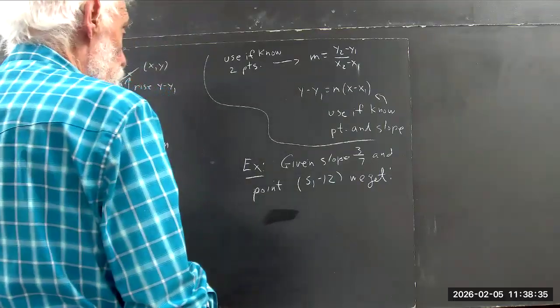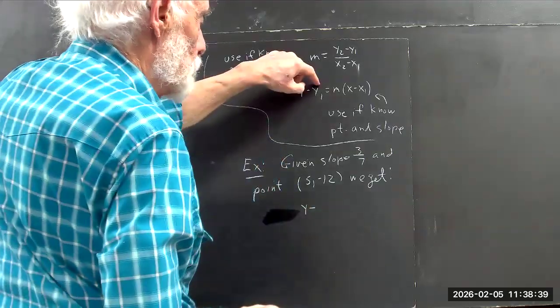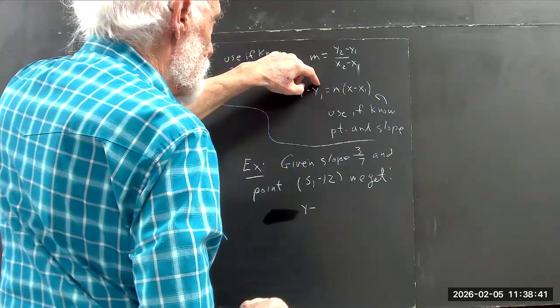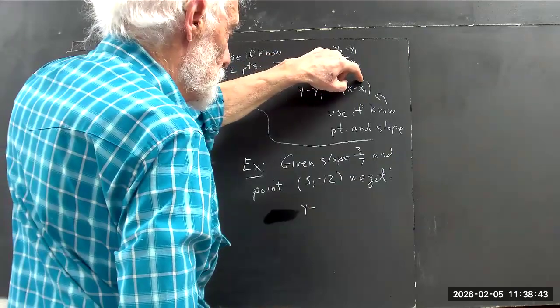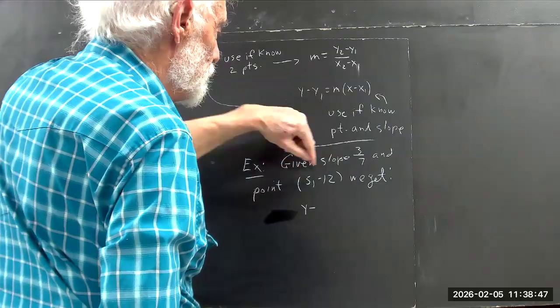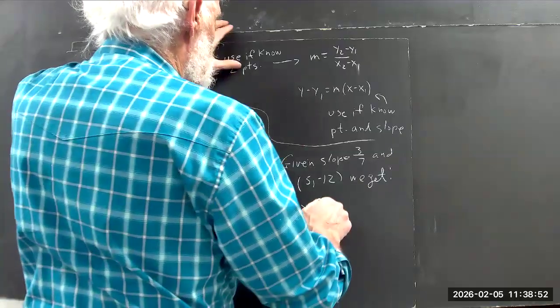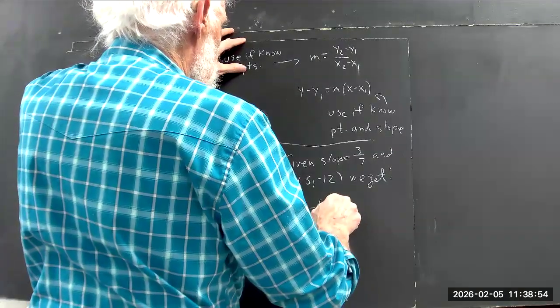We get the equation. We get y minus y1 equals m times x minus x1. The point 5, -12: x1 is 5, y1 is -12. So y minus y1 is y minus -12.